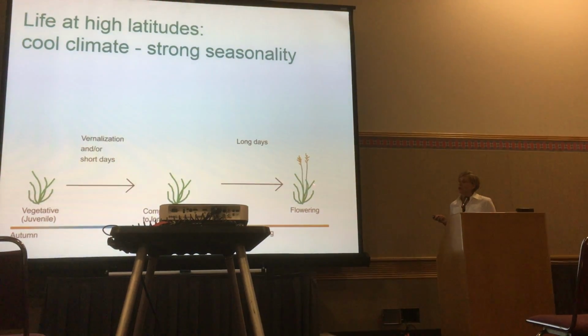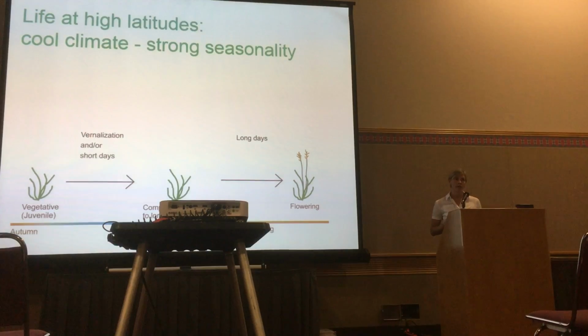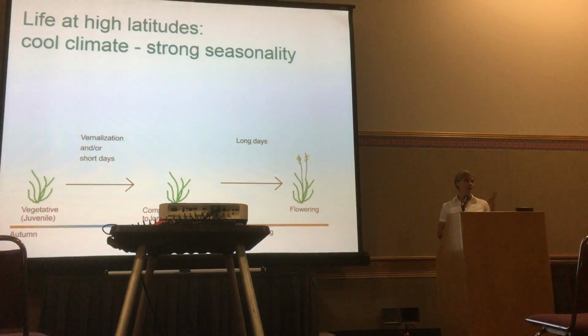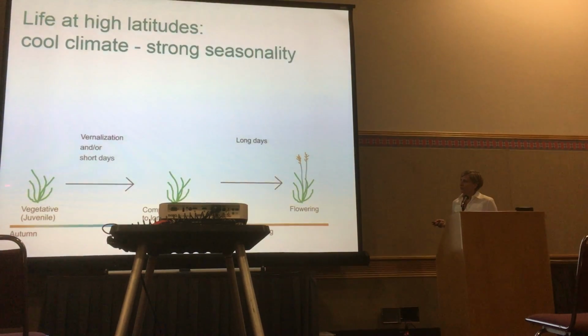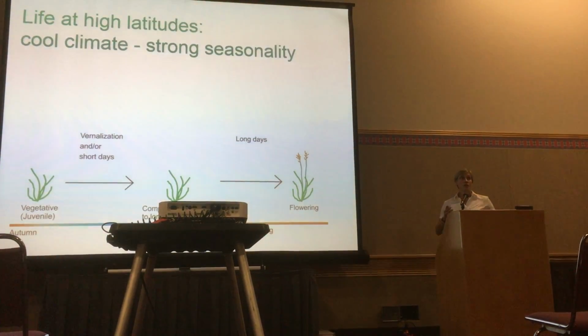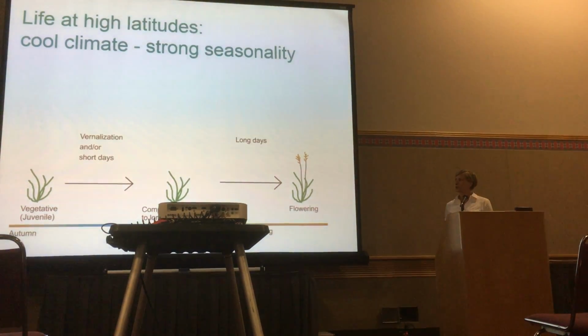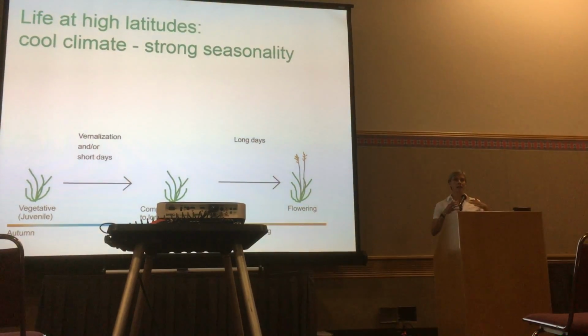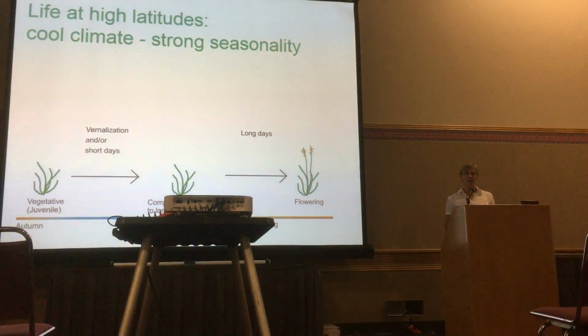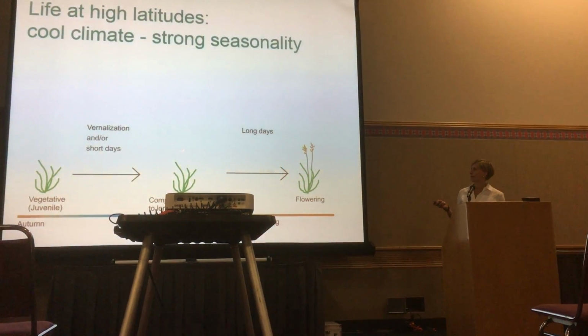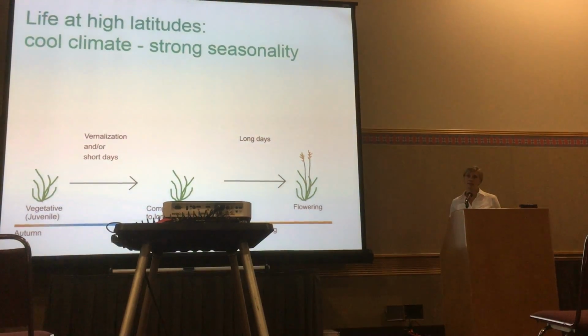We have a model that we know works for barley and wheat. They have a 2-step induction of flowering. First, in the autumn, they are vegetative. We do not want them to flower in the autumn. To prevent autumn flowering, they need a prolonged period of cold, which we call vernalization, and in nature, this period is the winter.